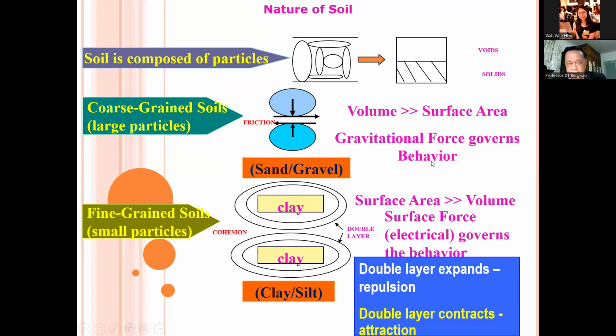Gravity forces govern, and there is friction between particles. For fine-grained soils like clay and silts, the surface area is much larger than the volume, and electrical forces between the particles govern the behavior, with cohesion, repulsion or attraction.